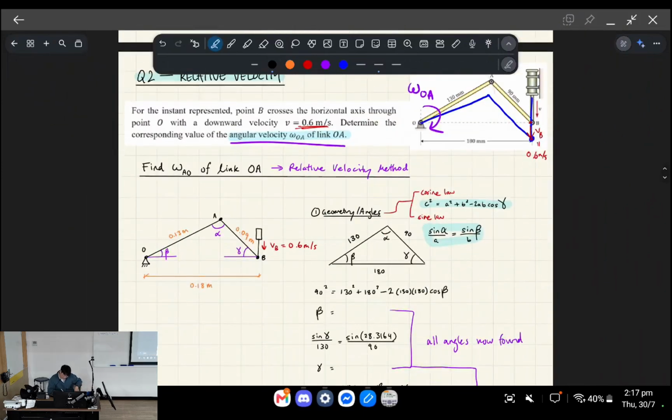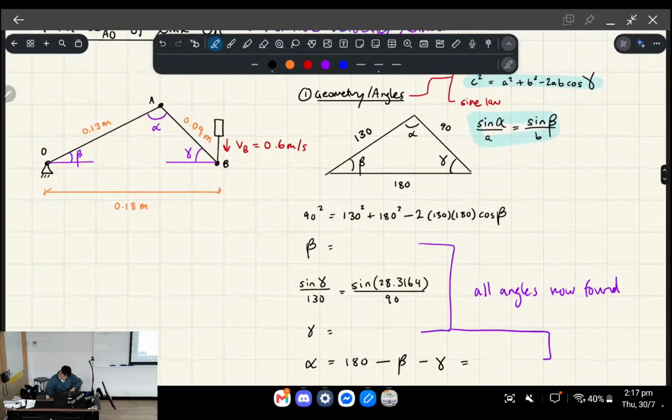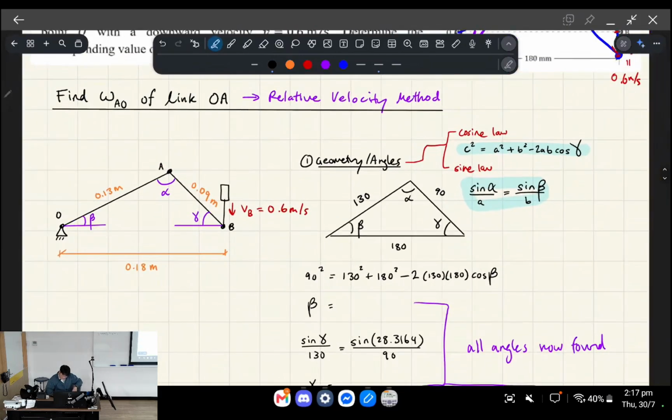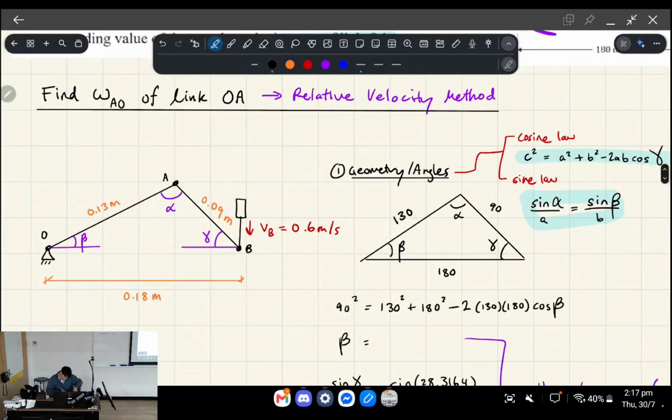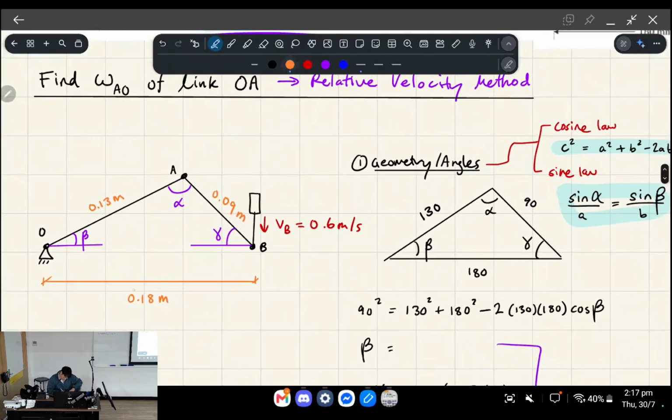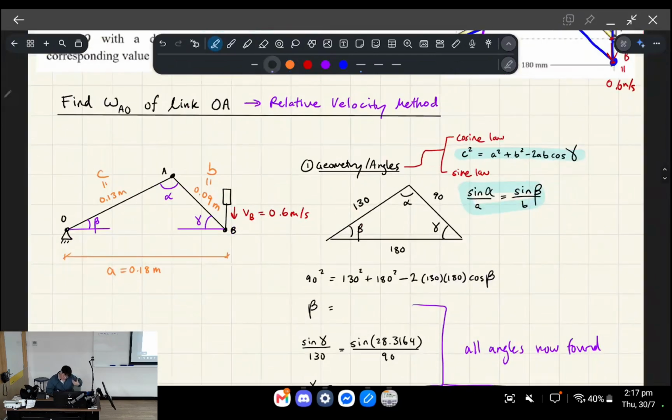Anyway, cool. The first thing we're going to do is figure out the geometry, or the angles, of everything. If we call these angles alpha, beta, gamma, we have to call the opposite side lengths A, B, and C. This is just what you do in your head.